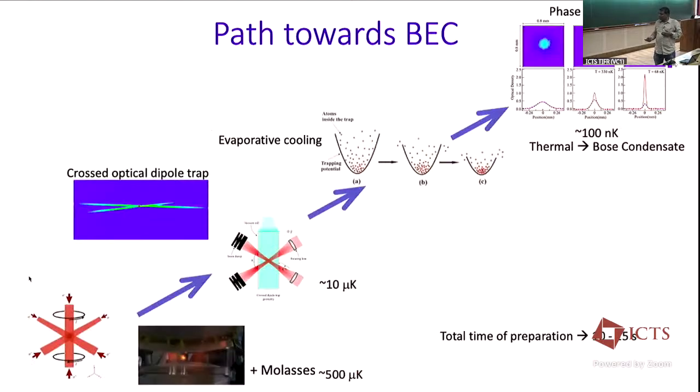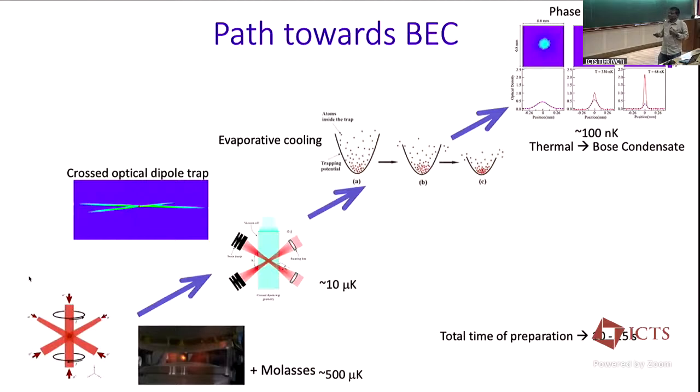Normally, the process to make a Bose condensate or even Fermi gases is that you start with a magneto-optic trap, which is comprised of 6 laser beams. You capture a large number of atoms, of the order of a billion or so, at a few hundred microkelvins. Then you have to use processes where you force the atomic sample to cool down without using lasers typically, without using resonant light.